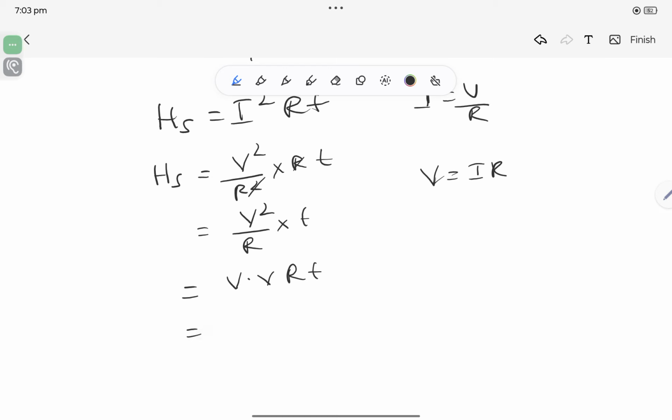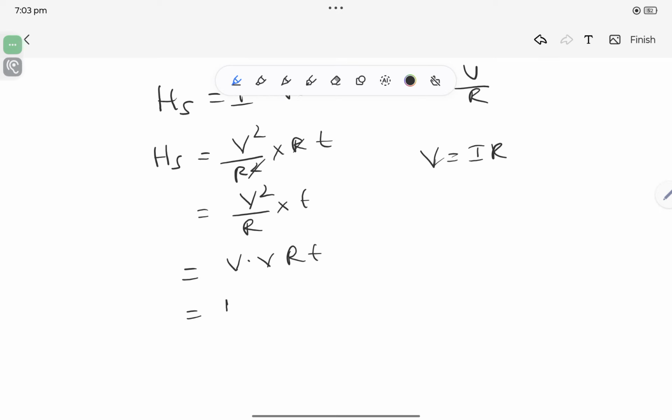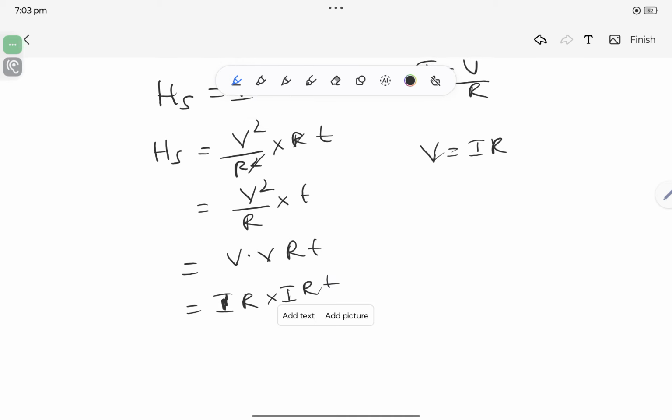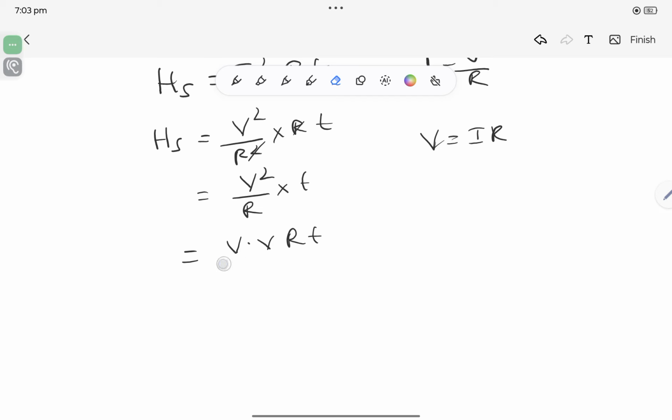From this, if you replace one V with IR, you get the same answer.